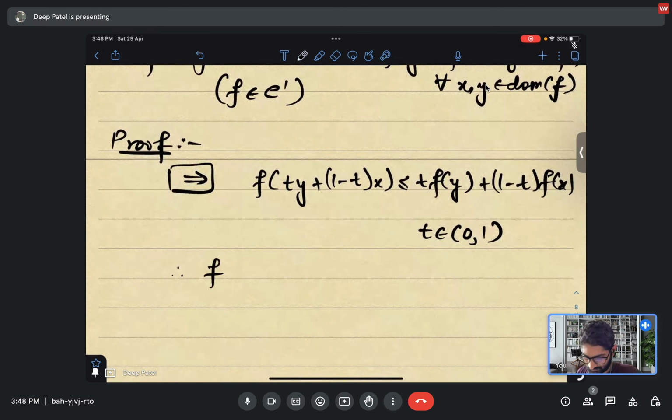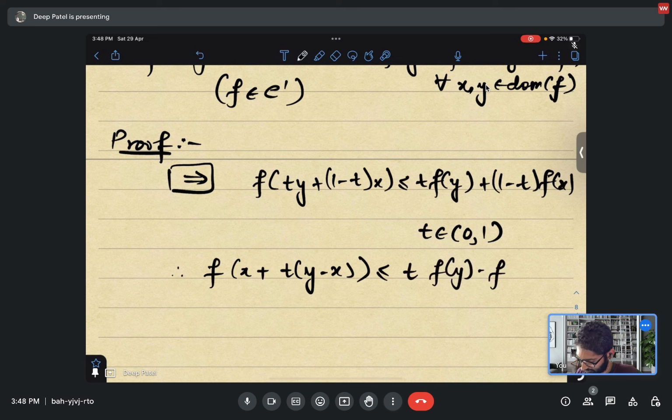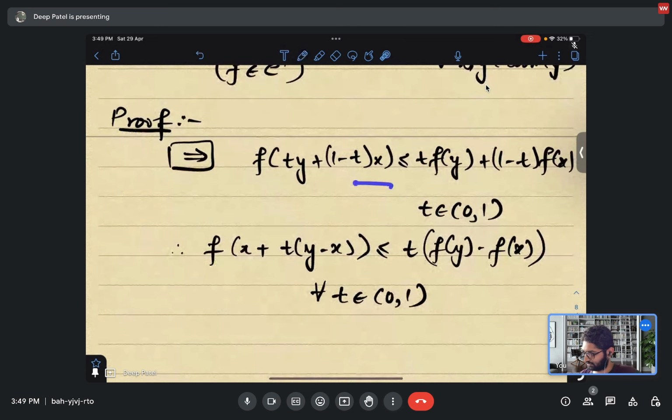So what do we have? f of x plus t(y minus x) minus f of x is less than or equal to t (f of y minus f of x). Okay, so all that I've done is kept this term on this side as it is, and oh sorry, my bad, I think I forgot to write a term.